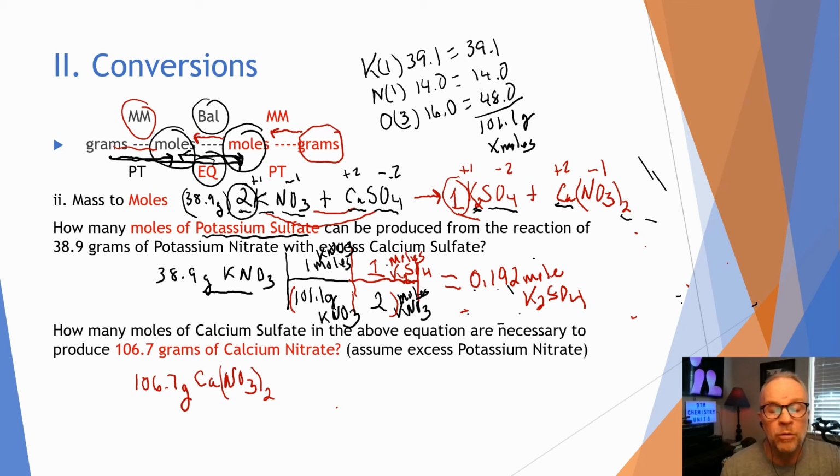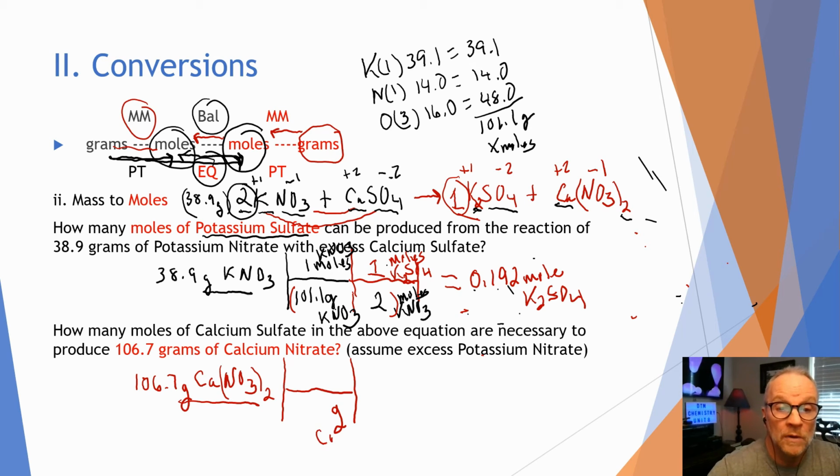So a very similar problem, just a little bit different approach. We'll still start with grams on the bottom of whatever we're given, just like before, calcium nitrate. And we still need to change that to a molar amount so we can change chemical species. And then we are going to go to moles of the reactant.